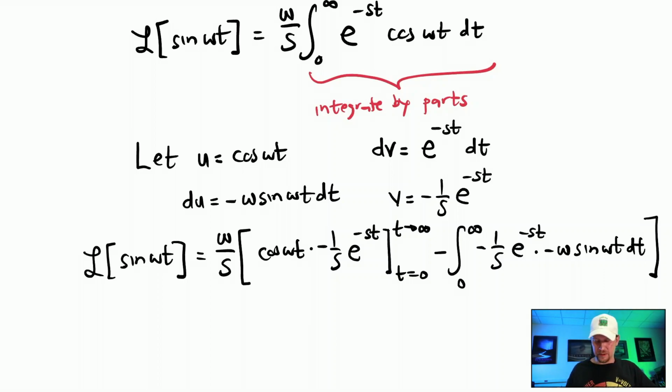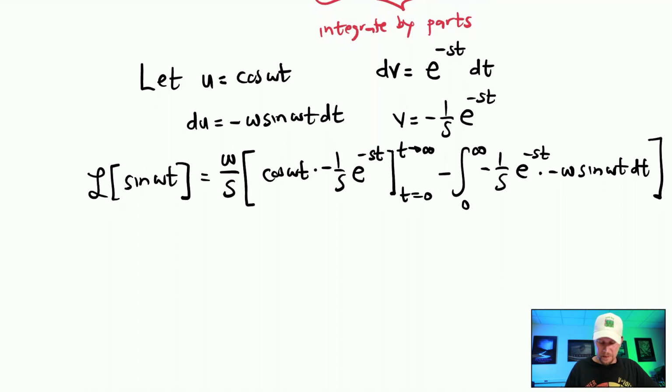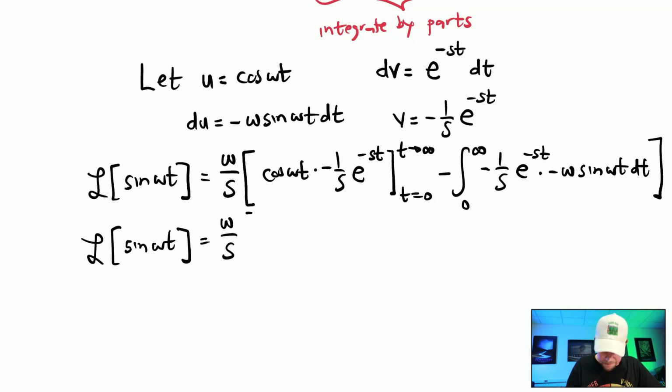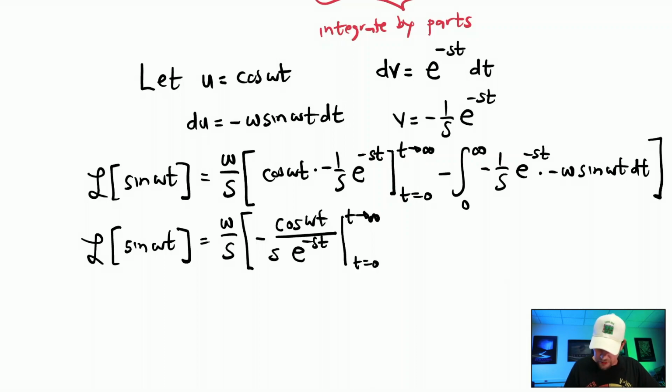Now, there are a few things that, again, we can do to simplify things. So this whole thing I can rewrite in the following manner. We have the Laplace transform of sine omega t is equal to omega over s on the outside. We're going to have minus cosine omega t over s e to the minus st, and we're going to evaluate as t approaches infinity and t approaches 0.